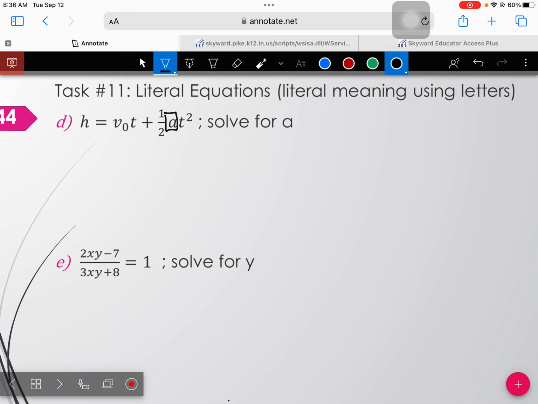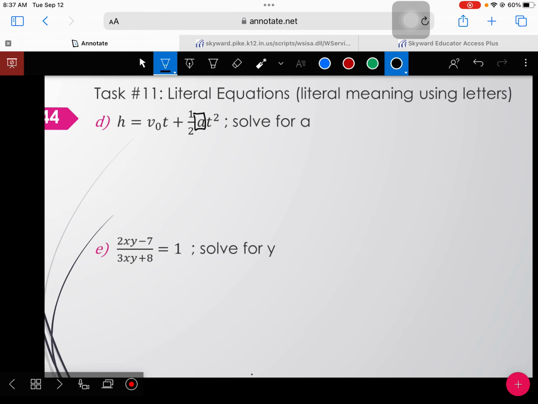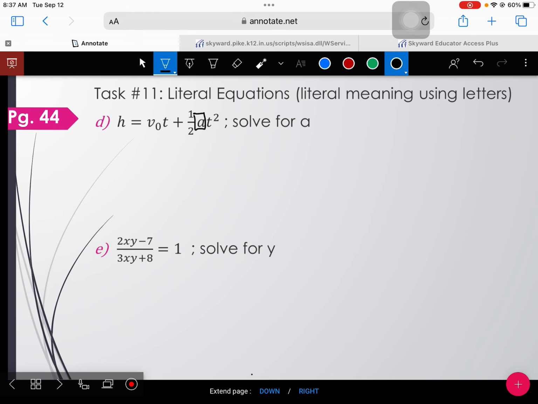Which term are we going to try to move to the other side? The T. Just the T? Yeah, V sub 0 T. Is T the exponent? T is not an exponent. What is that zero?